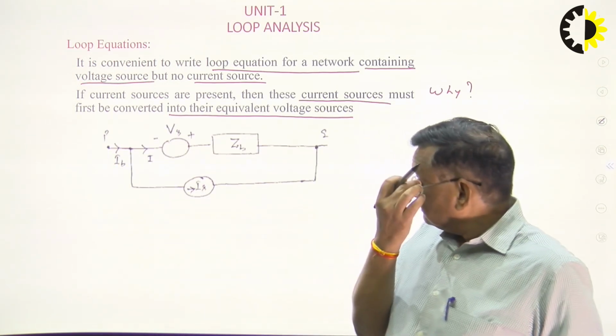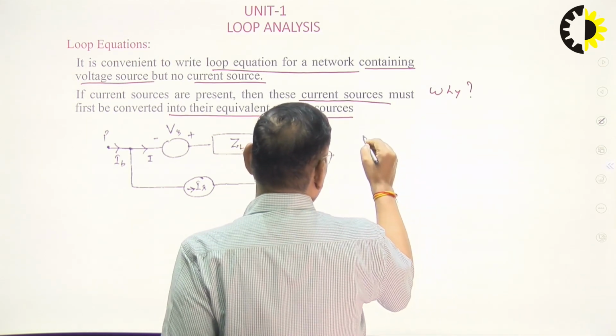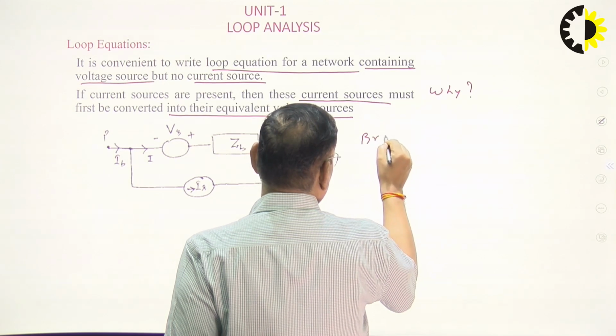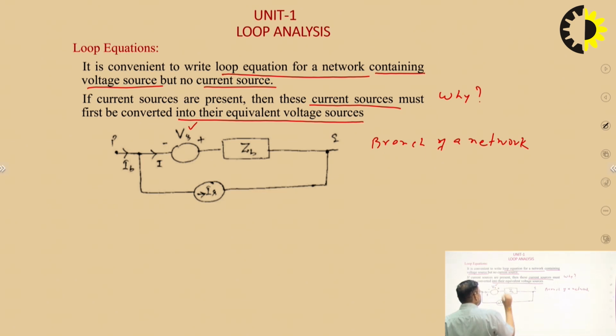So this is a branch of a network, containing a voltage source Vs, branch impedance ZB, and also having a current source.